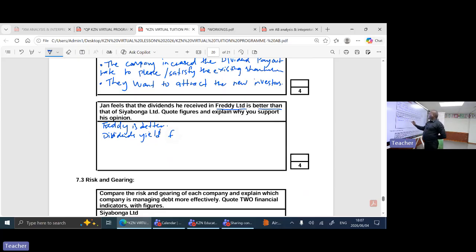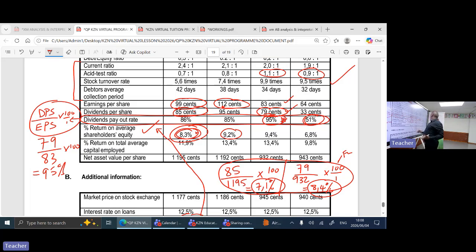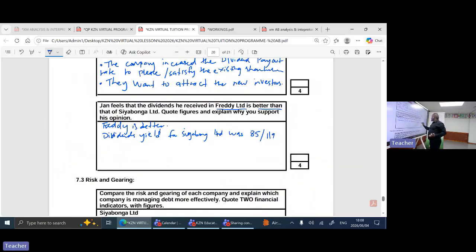Dividend yield for Siyabonga Ltd was 85 cents over 1,195, which was 7.1%, and for Freddie, 8.4%, which is 79 over 932.